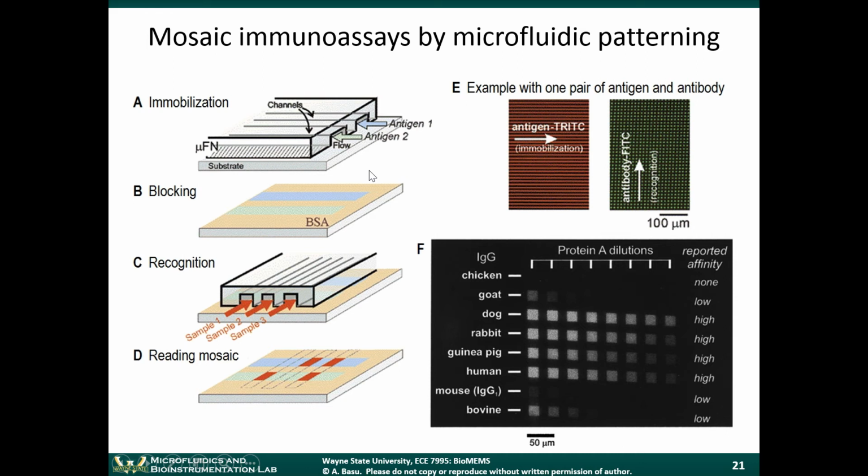A lot of chemistry. So you'll get a reading that looks something like this. So you'll get different affinities of the different antigens. So this is where you take protein patterning and you actually turn it into a useful diagnostic device.